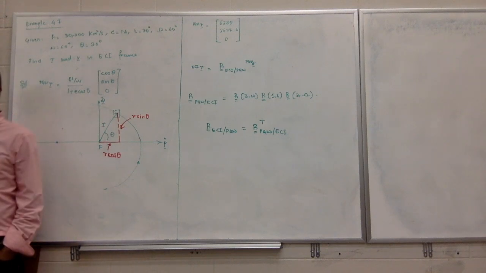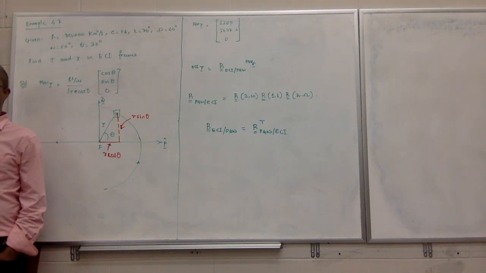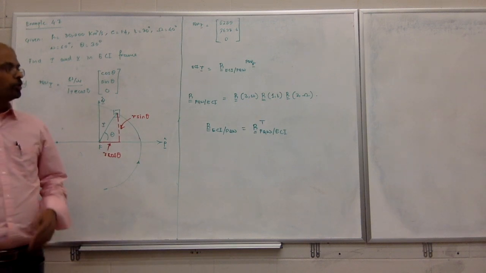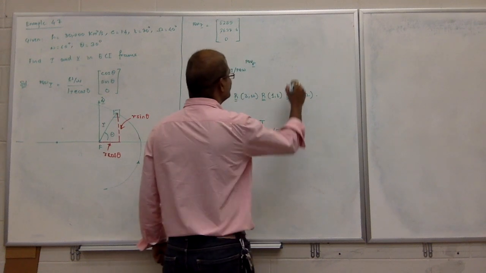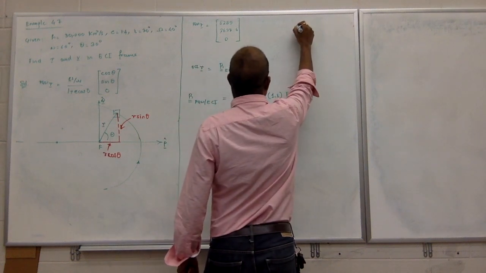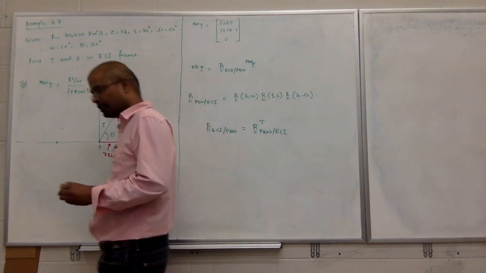What is the difference between transpose and inverse? How do you take the inverse of a matrix? Well, we set 1, 0, 0, 0, 1, 0, 0, 0, 1 on the right side and do row reduction on the left side. You can do it that way too.